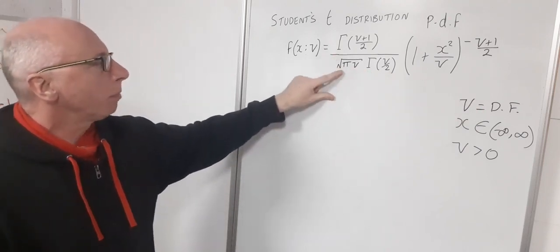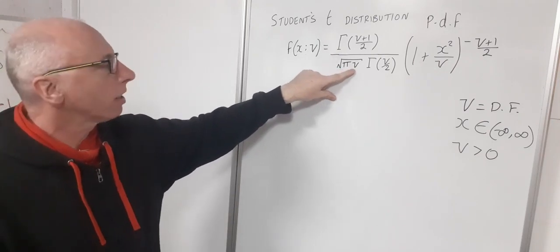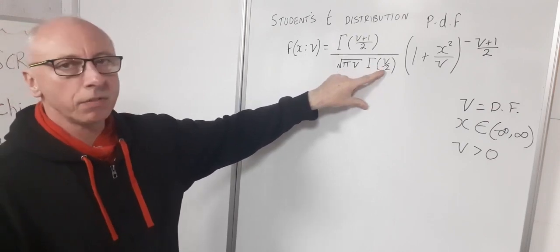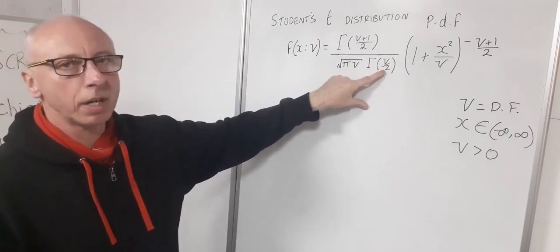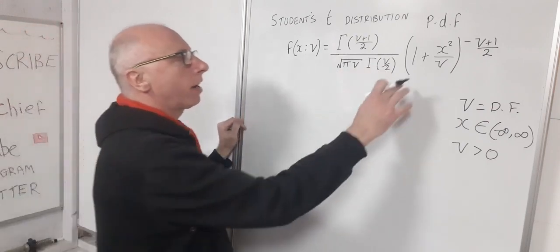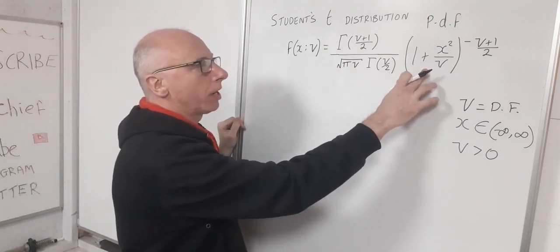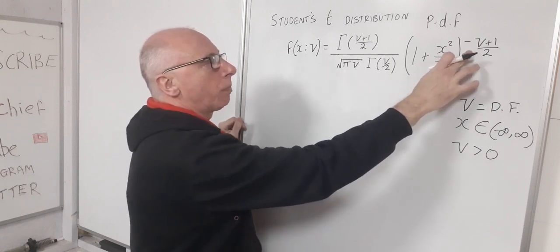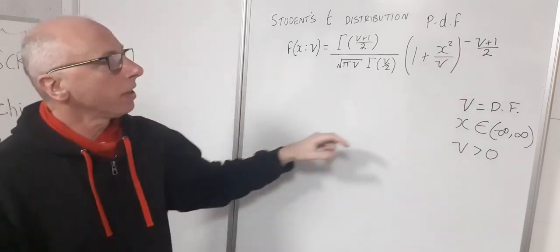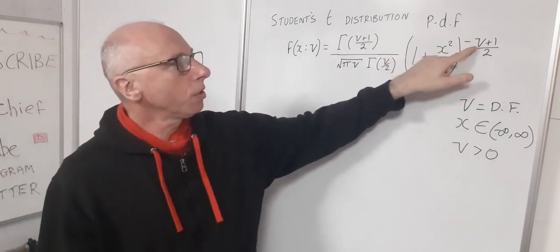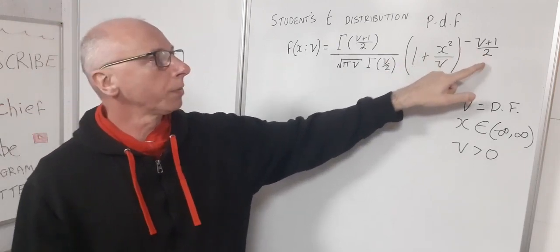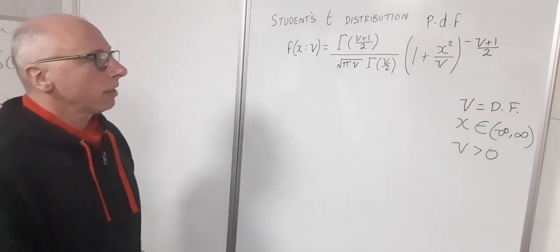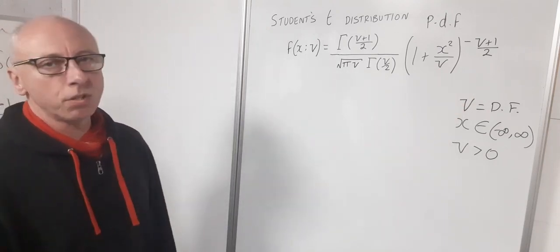And then we divide this by the square root of pi times our degrees of freedom, and then the gamma of our degrees of freedom nu divided by 2. And then inside here we've got even more stuff going on. We've got 1 plus x squared over nu to the power of the negative, so the reciprocal of this, nu plus 1 over 2.